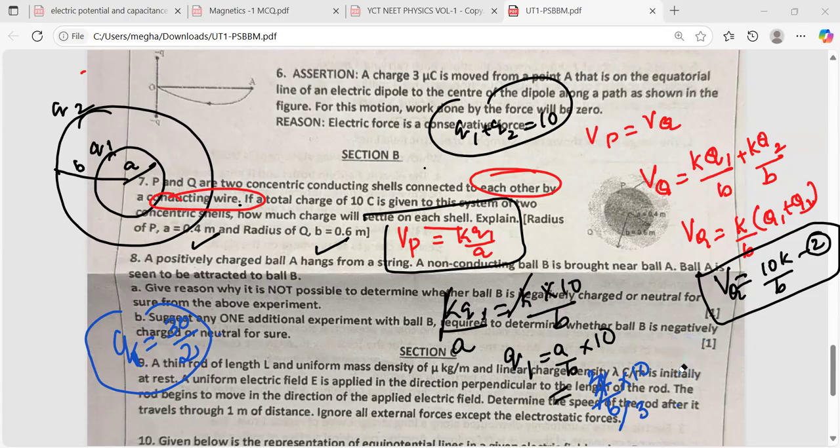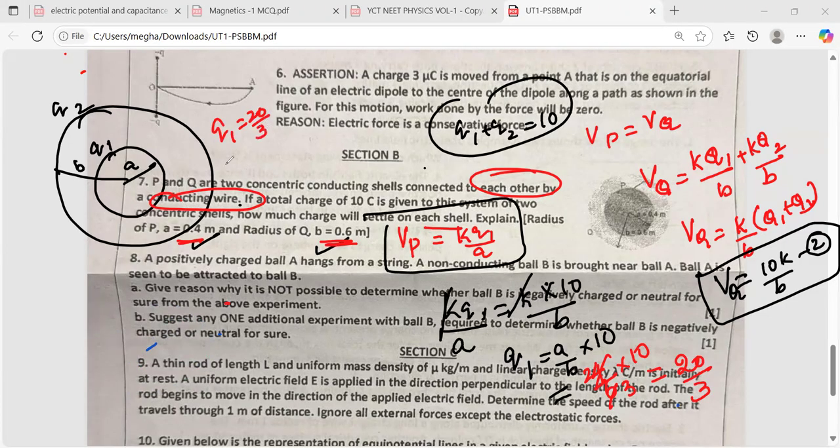See? A by B, no? So what is A by B? What is A given? 0.4. B, 0.6. So 0.4 by 0.6 is 4 by 6 into 10. So that is equal to 2 by 3 into 10. So that's equal to 20 by 3 is Q1. So if Q1 is equal to 20 by 3, what is Q2? Q1 plus Q2 is equal to 10.